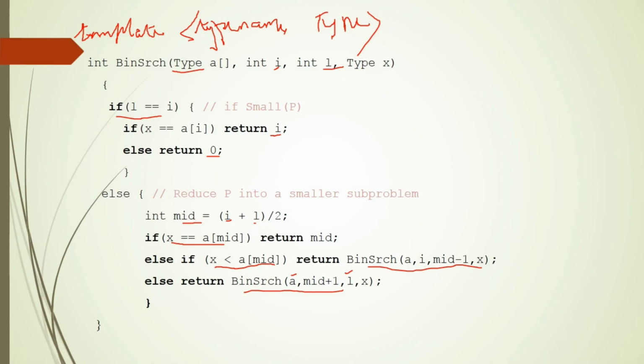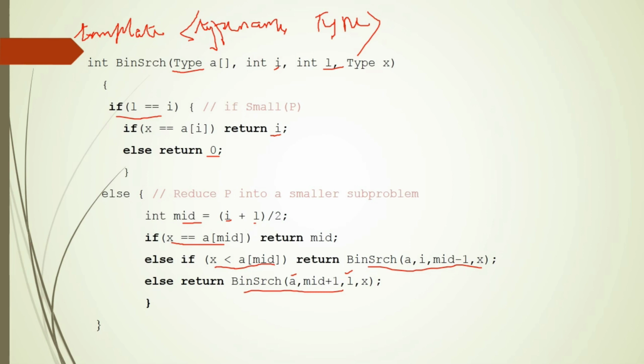So you write template in angle brackets typename, and the name of the type with which you are going to use it in your function. So here it is type. This you need to keep just below the header files before you use it in your function.